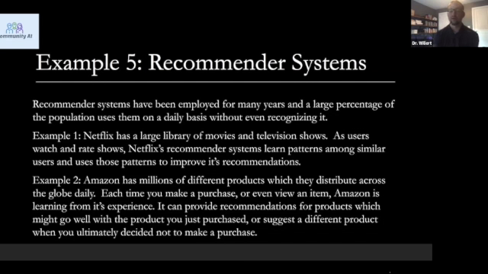So it can provide recommendations for products which might go well with the products you just purchased, or it might suggest something entirely different than what you just purchased, but it might have learned a pattern that people like you have tended to buy object X after they purchased object Y. So these are very complex systems, but offer these companies a way to make lots and lots of money and increase their profits.